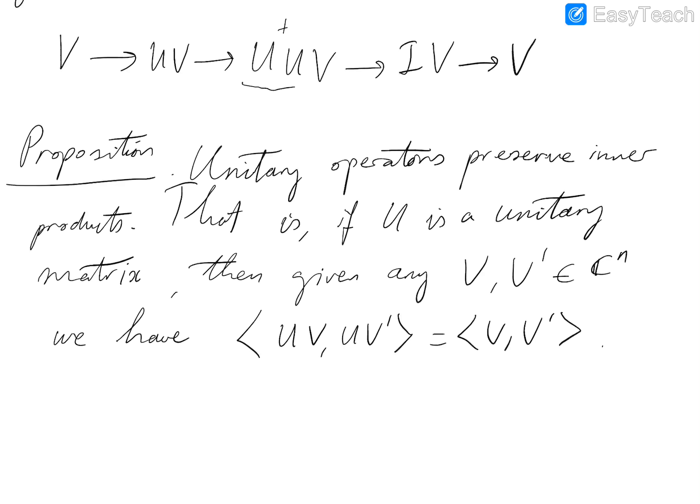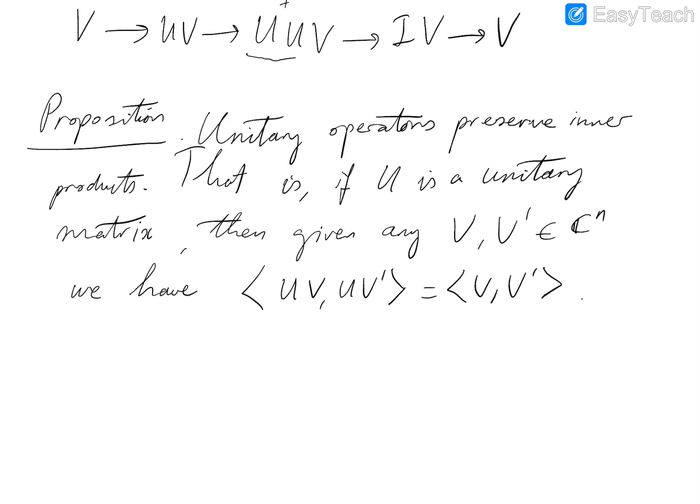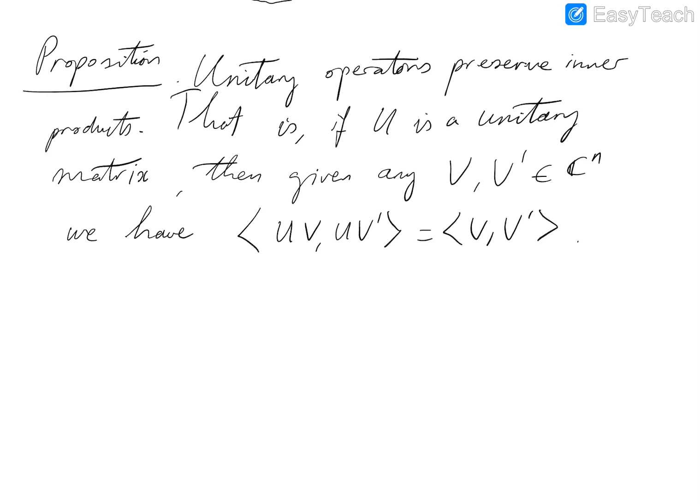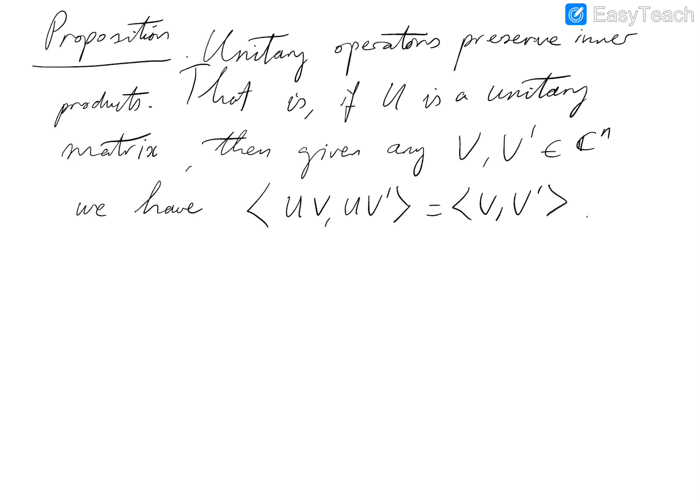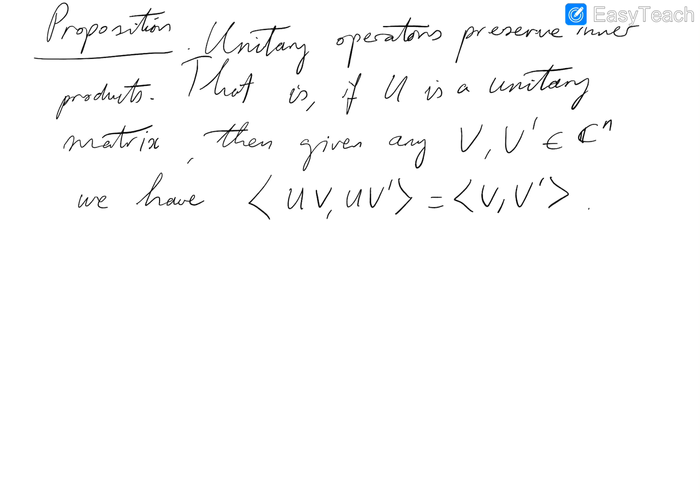Okay. So I'm not going to give the proof of the proposition. The proof can be found in the lecture notes. And one consequence of this proposition is that unitary operators preserve norms.